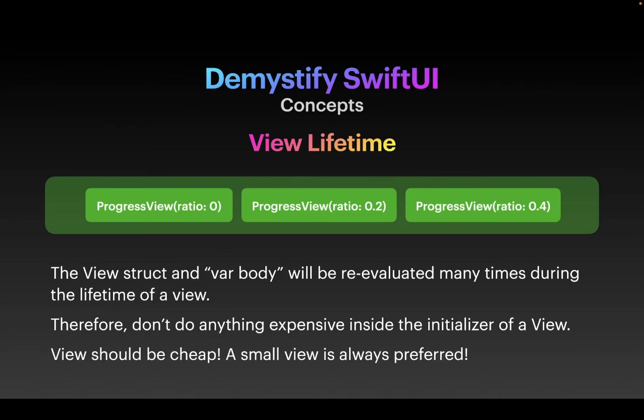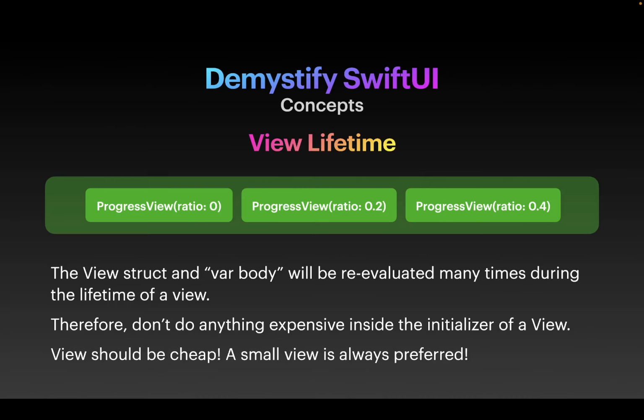And if you already know some programming, you may know you can use a dispatch queue to dispatch some work to the background. But actually, Apple doesn't recommend doing these things in the initializer. So just keep all this expensive stuff away from the initializer.